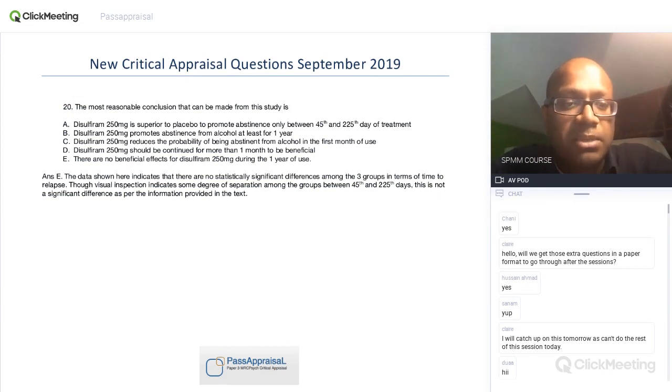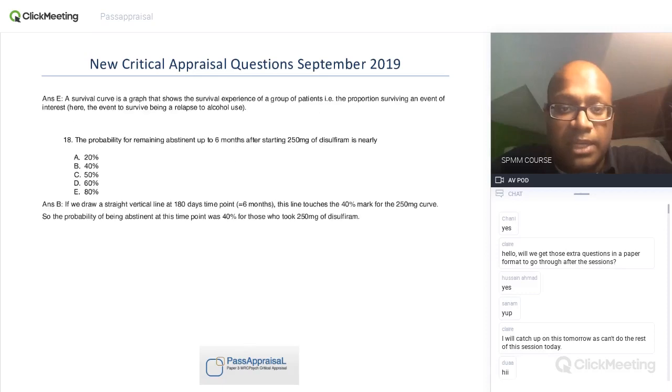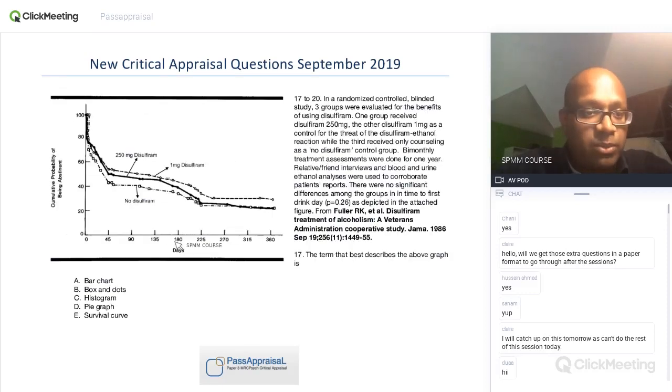The most reasonable conclusion that can be made from the study. Disulfiram 250 milligram is superior to placebo to promote abstinence only between 45th and 225th day of treatment. Look, they already have given us a p-value. There is no difference between these two. Throughout the 1 year period they observed, there's no difference. If you look at the graph, you might see there is a visual difference between this 45 and 225.